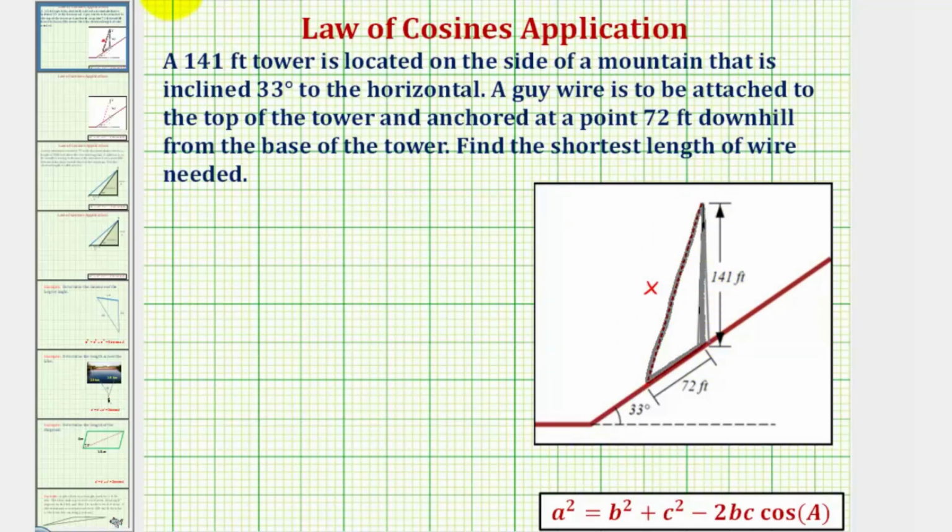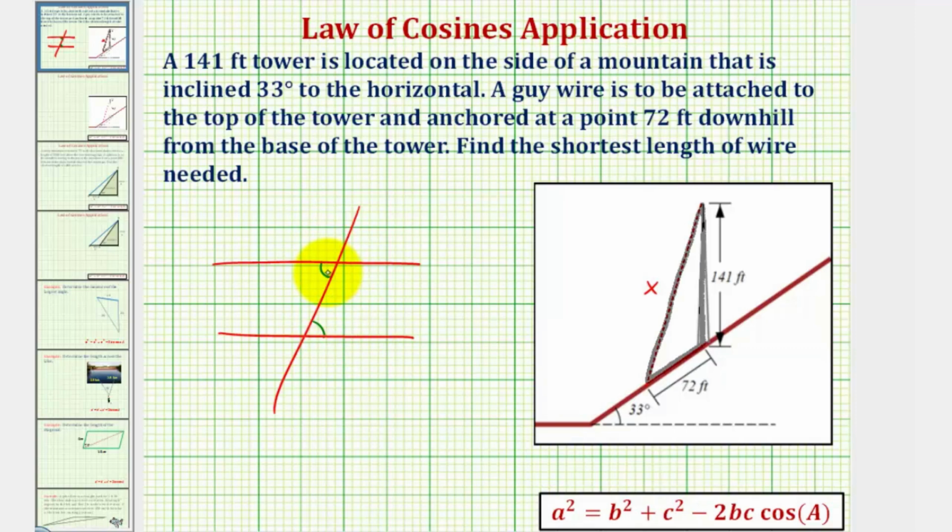To do this, we'll use a property of parallel lines cut by a transversal. So if we have two parallel lines cut by a transversal, like this, one of the properties is that alternate interior angles are equal. For example, this angle would have the same measure as this angle.